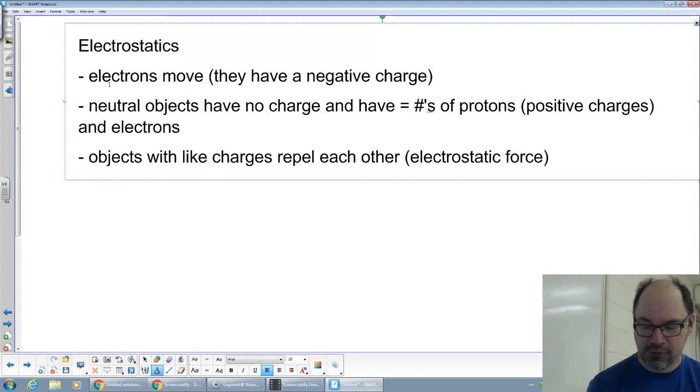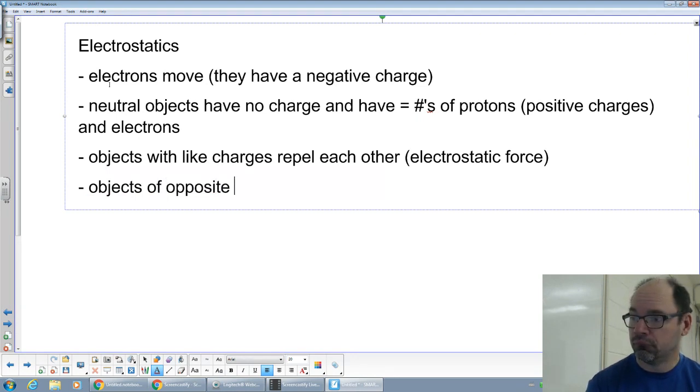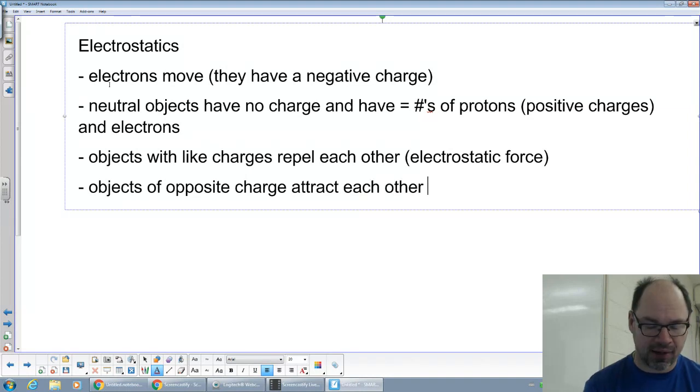The opposite is true as well. Objects of opposite charge attract each other, and again you're using electrostatic force.